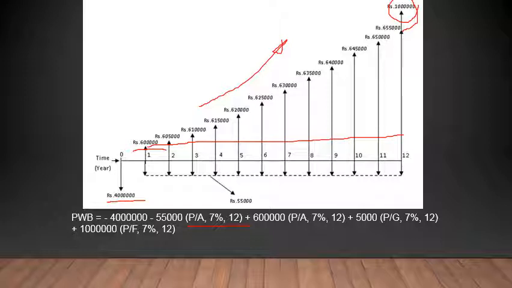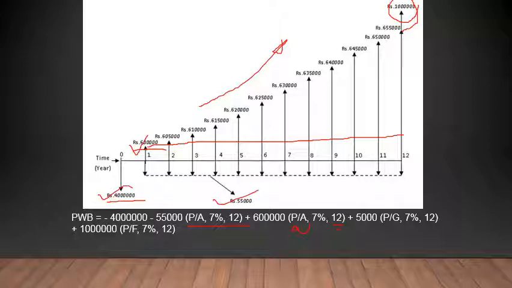This is the gradient. It increases by 5,000, but the base amount will remain the same. So convert that into P. Treat it as A and convert that into P with i equal to 7 and n equal to 12. So P is over, this cost is over, this A is over.